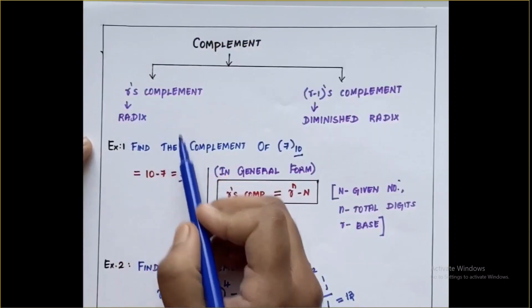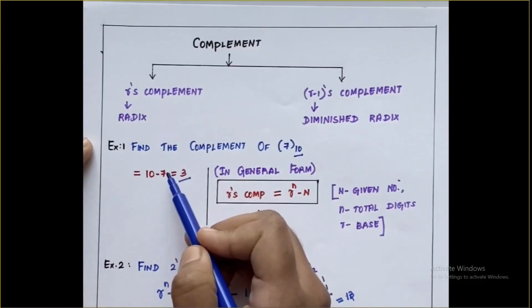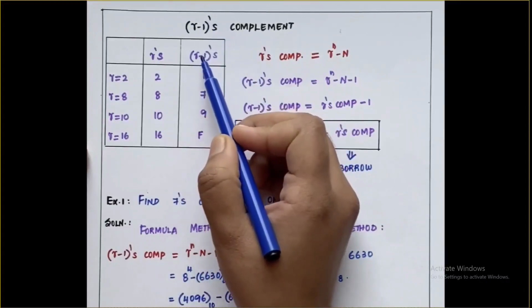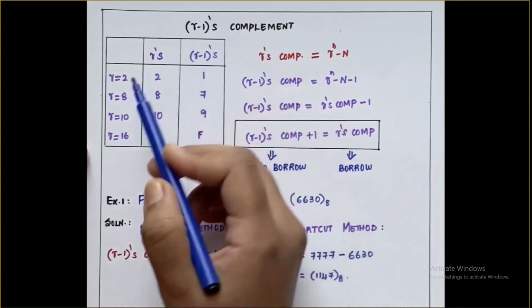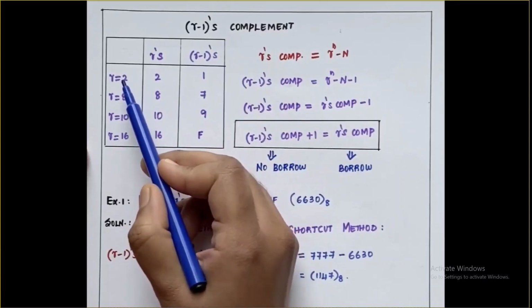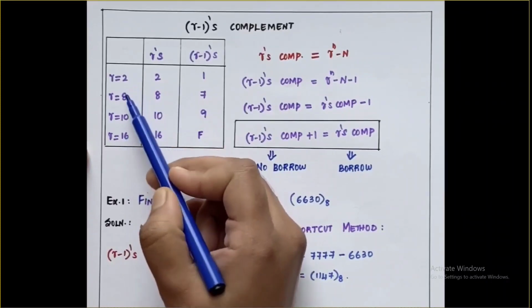So till now we have seen the R's complement. Now let us see the diminished radix, which is R minus 1's complement. Let us see the difference between R's complement and R minus 1's complement. Here we have considered 4 types of number system: binary, octal, decimal and hexadecimal.